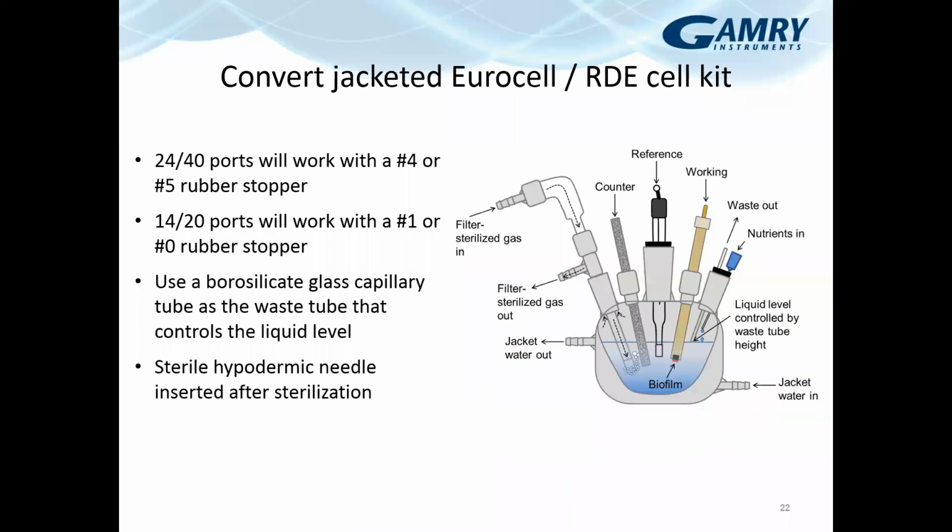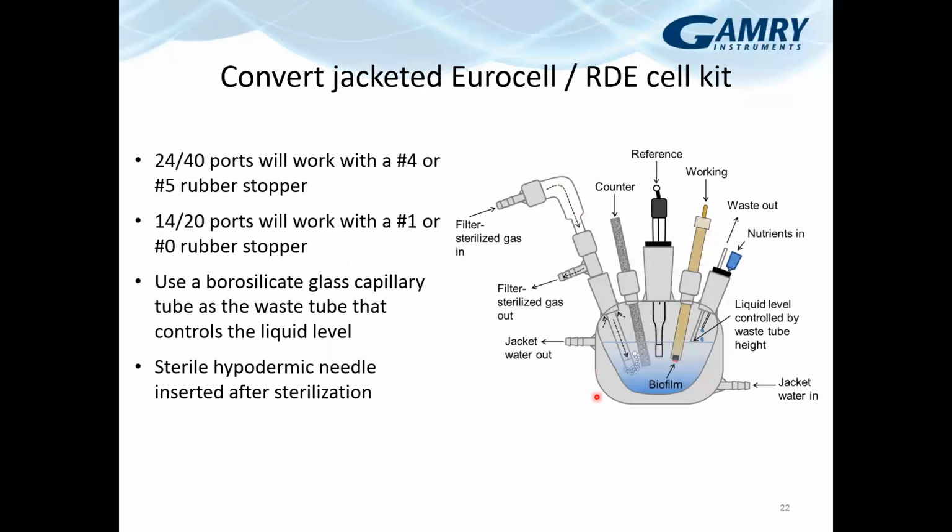I won't spend too much time on this. I would just say that the 24/40 ports work nicely with the number 4, number 5 rubber stopper. And what that means is, these butyl rubber stoppers are typically autoclavable, and most of the parts that come with the jacketed Euro cell kit are autoclavable.